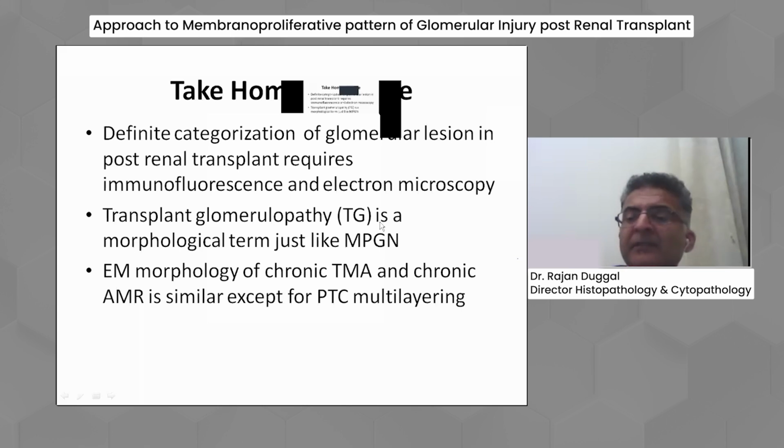Even acute ABMRs can be negative for C4d. I won't be able to give you a percentage, but I feel there could be 50% of acute ABMRs which can be negative for C4d. But as I've told you, it is not a common thing we see with the current kind of immunopathological practices, where you do all these CDC crossmatch, flow crossmatch, and DSA. So we don't see that.